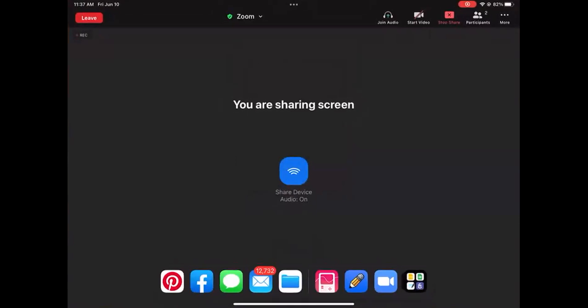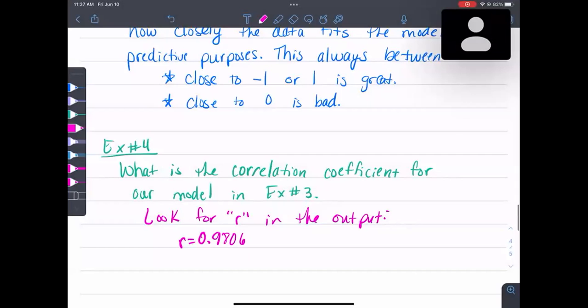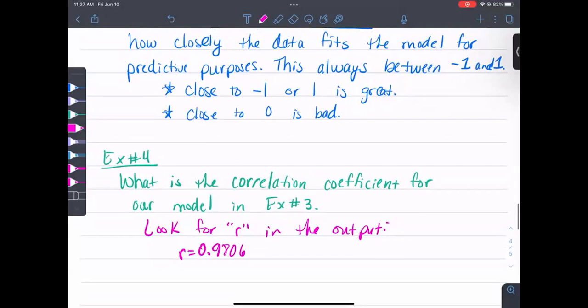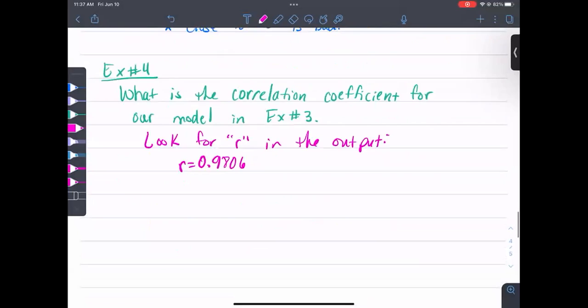Switch back to my notes here. So I indicated, just so that you'll remember when you look back at your notes, we looked for R in the output. I wrote down my R value. The closer it is to 1, the better.